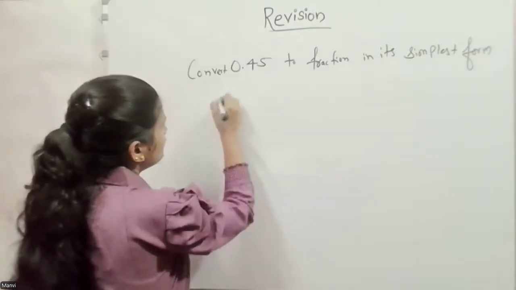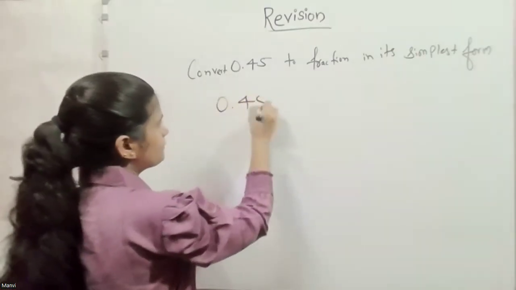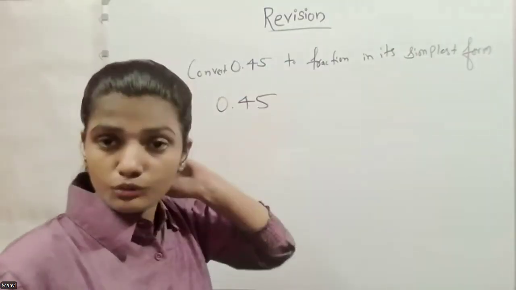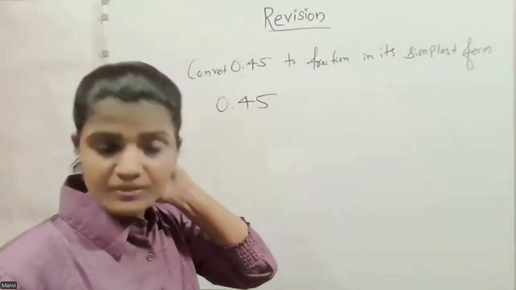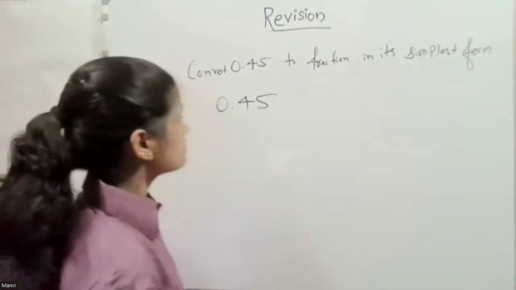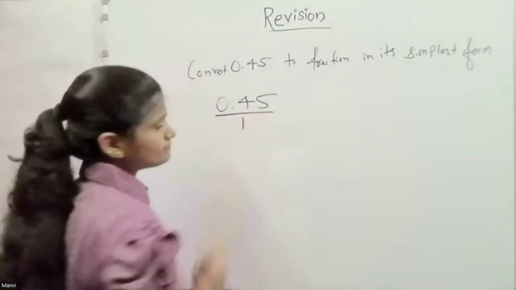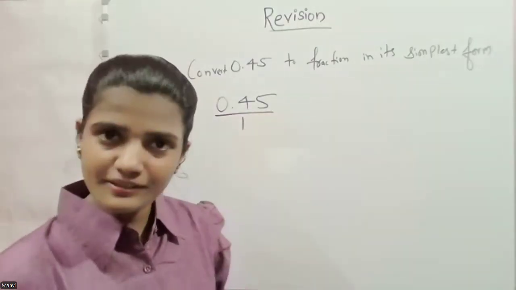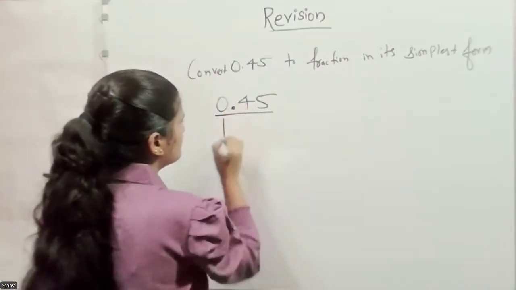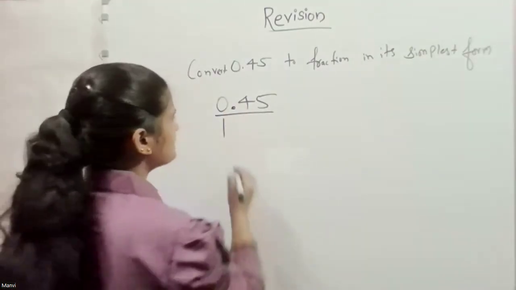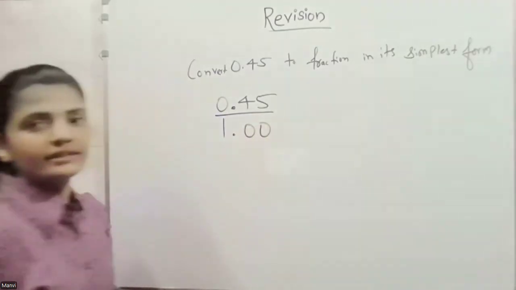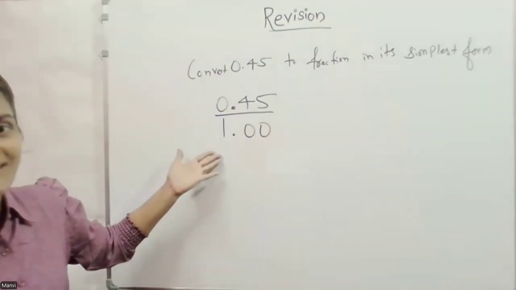Okay, so here we have 0.45. I was asked to convert it into a fraction. Kavya, do you agree that every number always has 1 in the denominator? So here also we can put 1 as the denominator. And if we are writing decimal, then 0, 0, still this is 1, right?